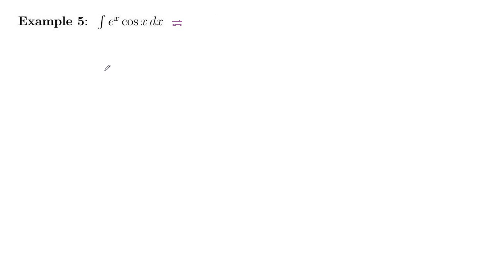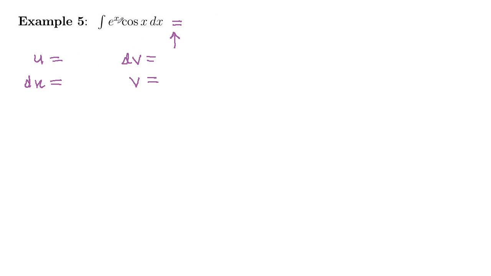So I look at this and we want to pick our u and our dv here. Doing an integration by parts, so u and dv, and then du and v. And here you want to pick u so it's got a simpler derivative.